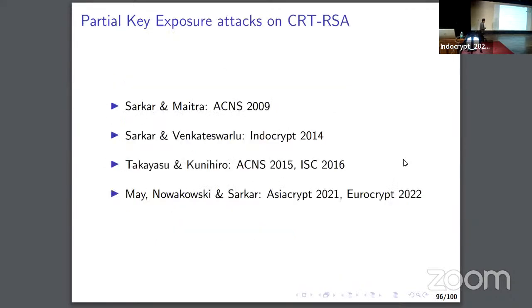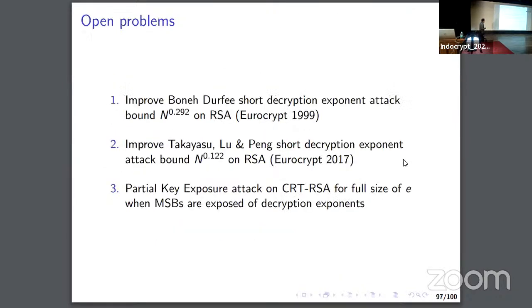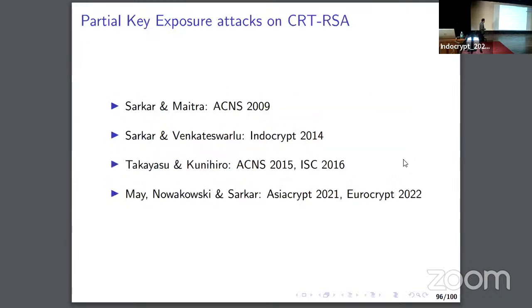Another interesting problem is in our Asiacrypt and Eurocrypt papers, basically the Asiacrypt paper, where we consider E of full size and assume that we know the decryption exponents DP and DQ from the LSB portion, not from the MSB portion. Can we get a similar kind of result if we know the MSB portion of DP and DQ?